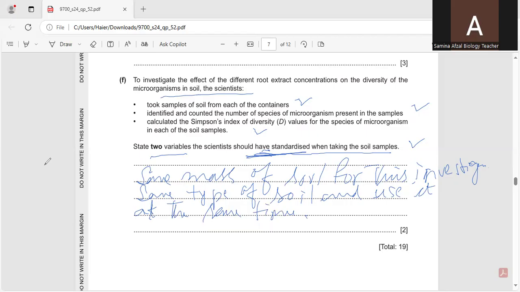So the same type of soil should be used for this purpose, and the same mass of the soil should be used at the same time.